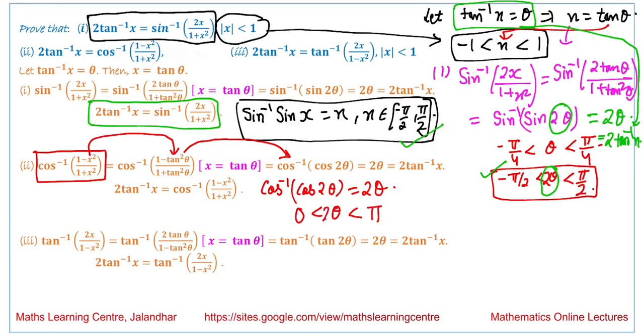It means 0 is less than theta is less than pi by 2. This condition implies that the value of x belongs to 0 to infinity, that is x is greater than or equal to 0.